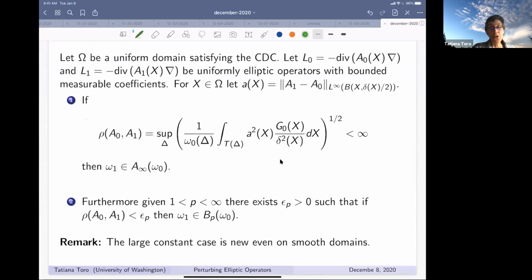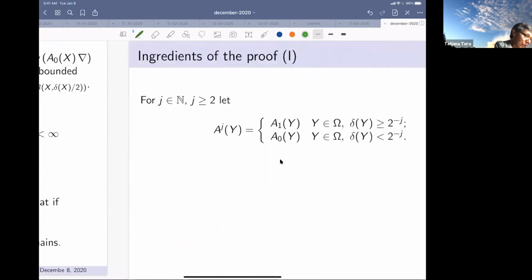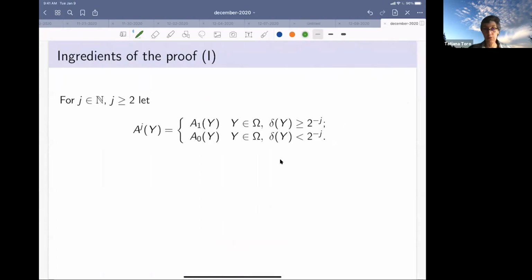In the few minutes that I have, I'm going to give you a very, very rough idea of how one proves something like this. Okay. So the first ingredient of the proof is that remark that I made at the beginning, that if we have two operators which coincide on a neighborhood of the boundary, then the results should be the same.